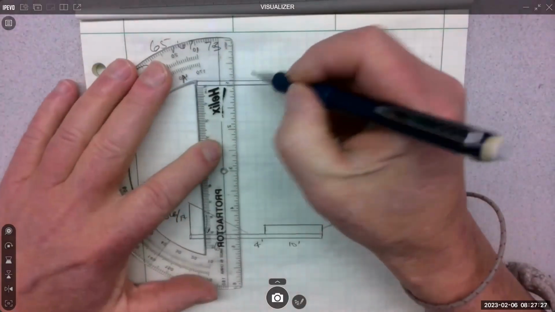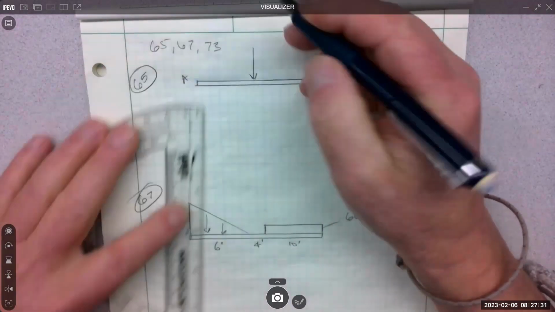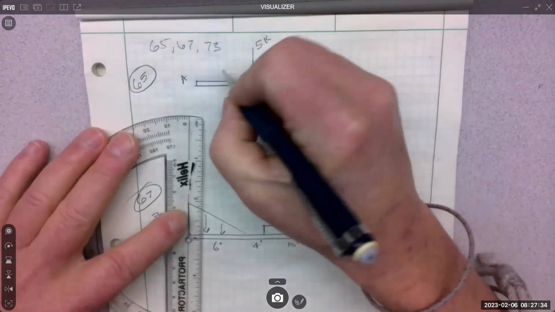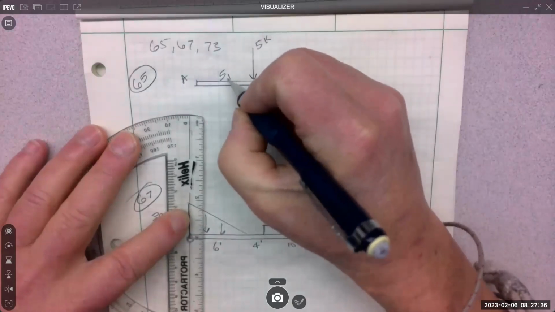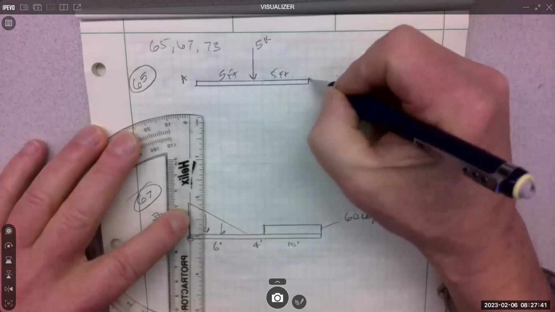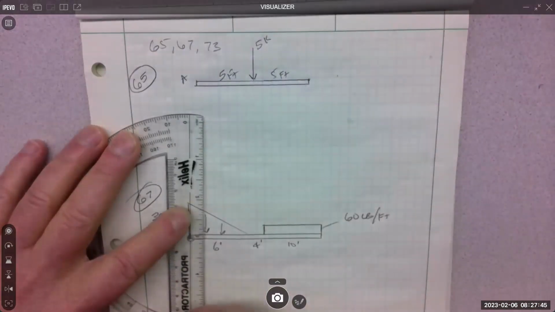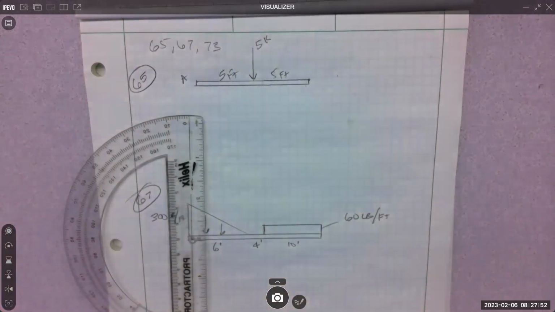Okay. Is that like in the middle? Okay. Oh, good. 5 feet and 5 feet. $3K or $5K? Anyone want to break the tie? That's helpful.